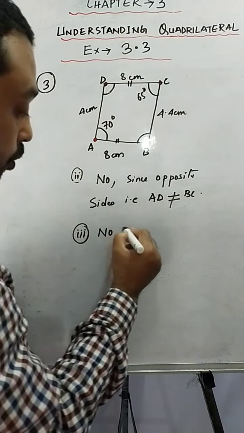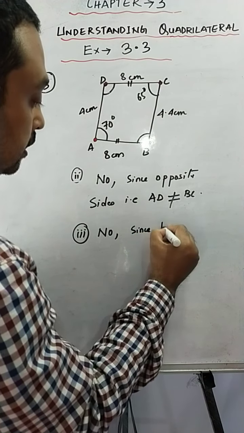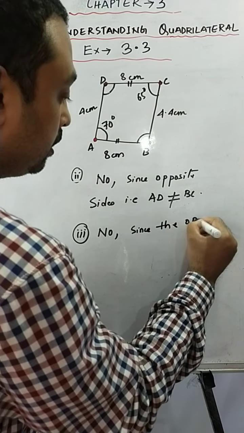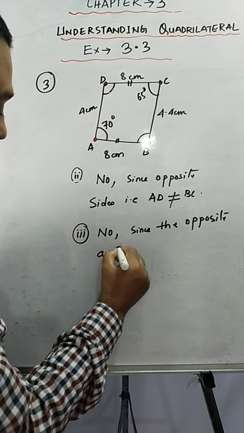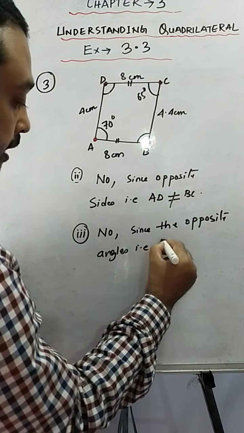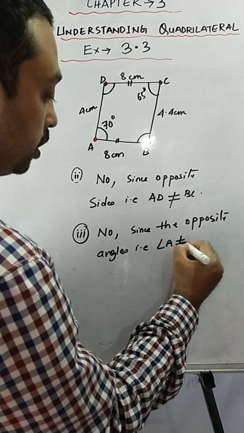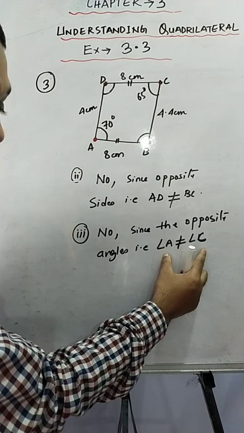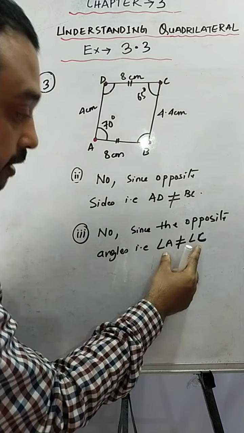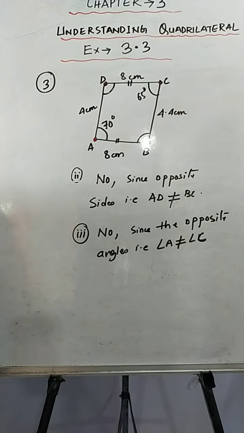So we'll say no, since the opposite angles, that is angle A is not equal to angle C. So based on this reason, we can say that it is not possible.